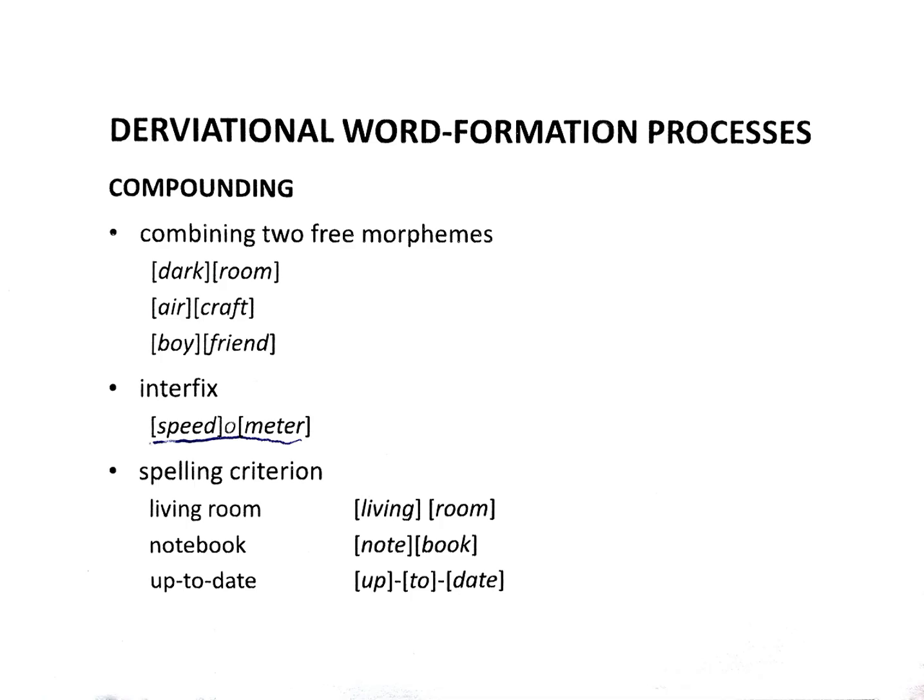The first way is by separating those two free morphemes. In this case, let's take the word living room. By appearance, they look like two separated words, but actually they function as a single word. The second way of spelling a compound word is the traditional way, putting two free morphemes together.